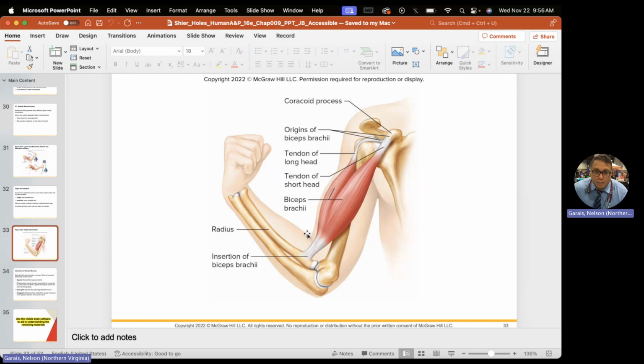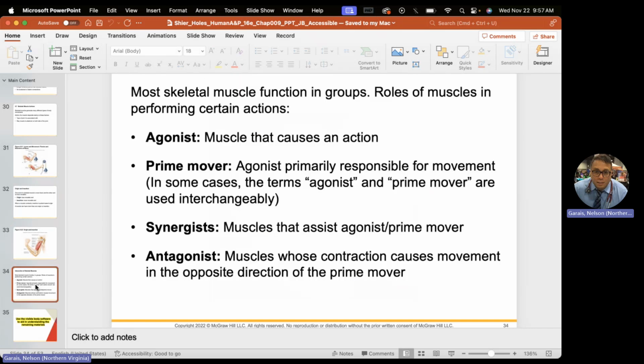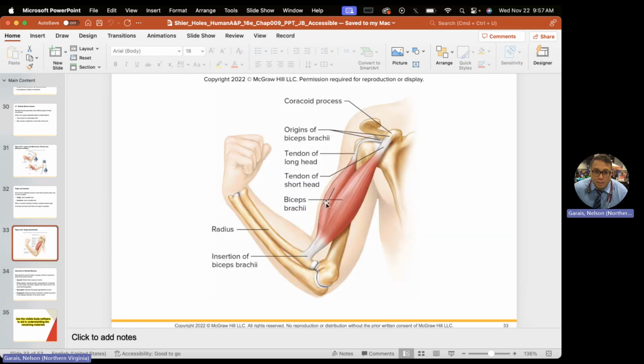So the biceps here get smaller. And in order for the bicep to get smaller, the tricep behind it has to relax. So in flexion, which is going to decrease the angle of this hinge joint right here, the synovial hinge joint right here.